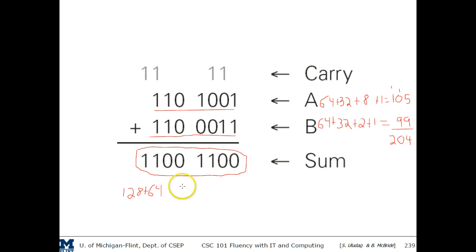Plus we have 8. Plus 4. 128 plus 64 is 192, plus 8 is 200, plus 4 is 204. So we've confirmed that the math here that we've done in binary is correct by converting each of the binary numbers into decimal so that we could check them.